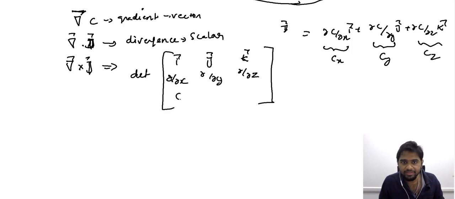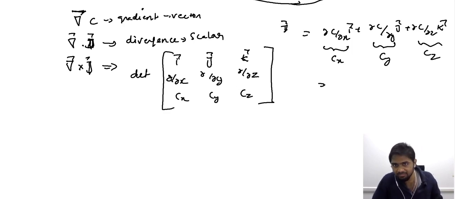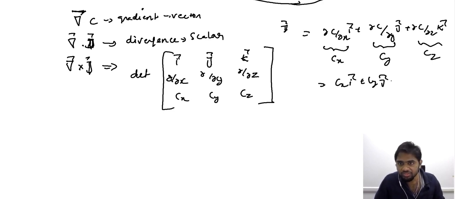So the vector experiencing the cross product with respect to the nabla vector can be expressed as Cx i vector, Cy j vector, and Cz k vector. All these components are included in the third row.